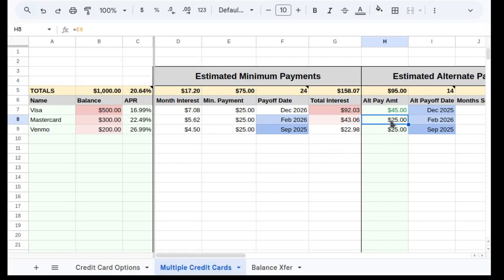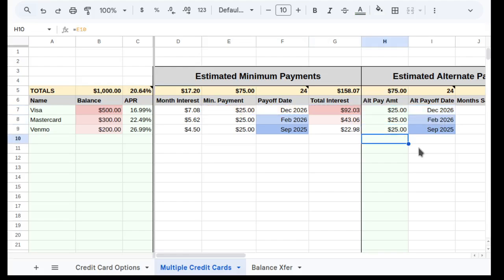So you probably don't want to put the extra money that you're going to put towards your payments towards the low interest rate one, even though it's a bigger balance. You typically want to get rid of the one with the higher interest rate first.